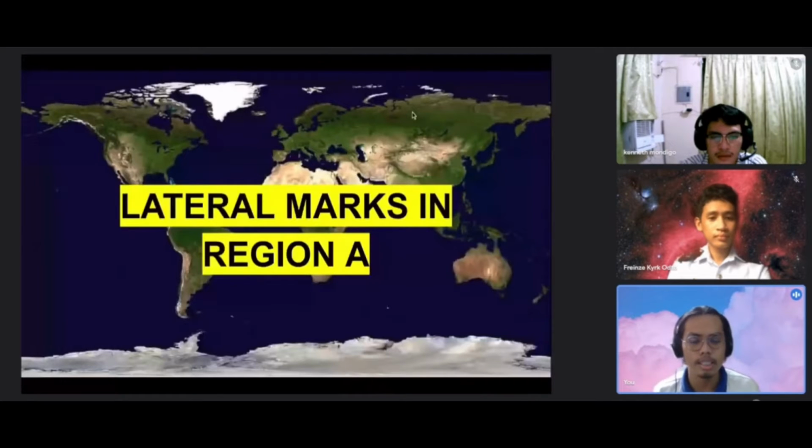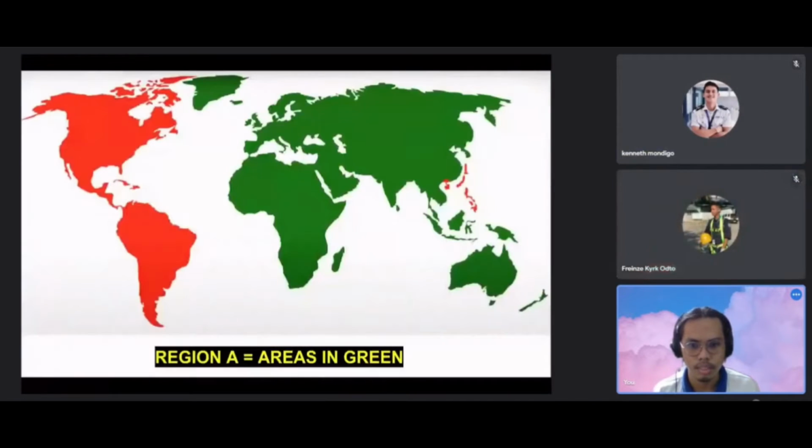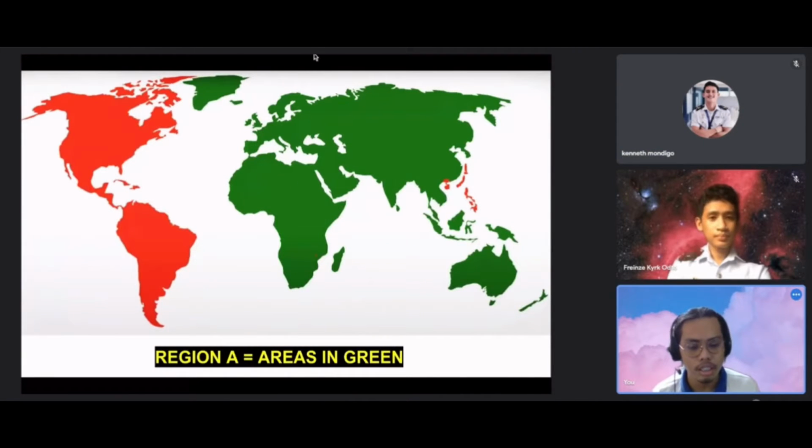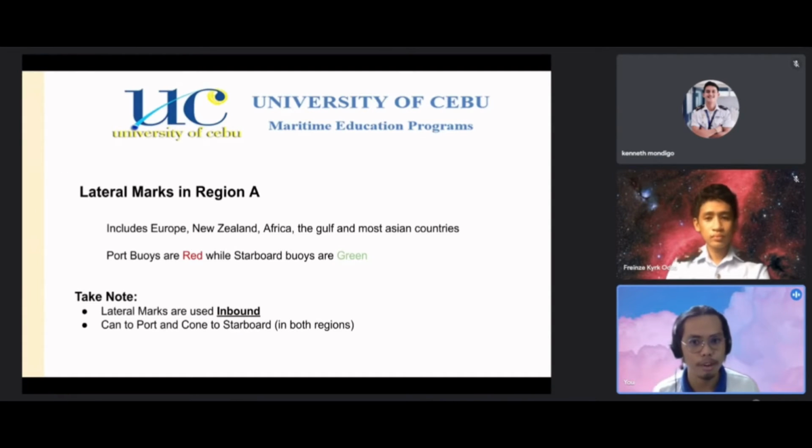Lateral marks in Region A. Region A covers the areas in green. It includes Europe, New Zealand, Africa, the Gulf, and most Asian countries, where port buoys are red while starboard buoys are green.